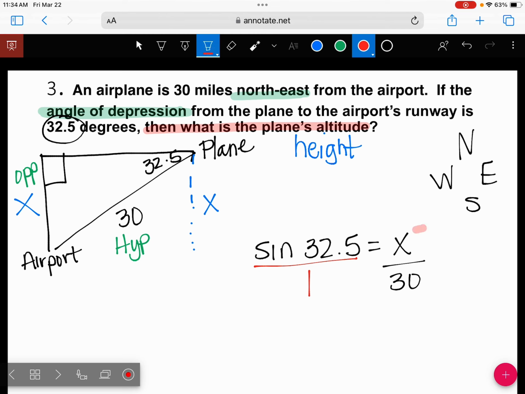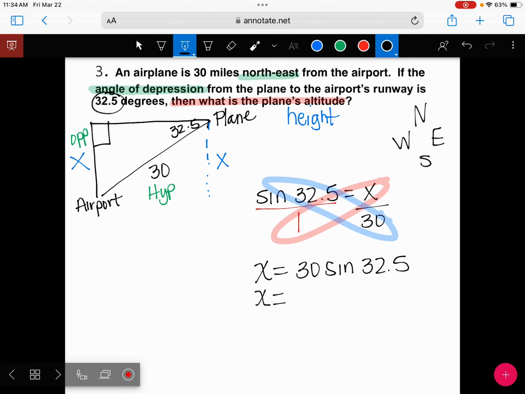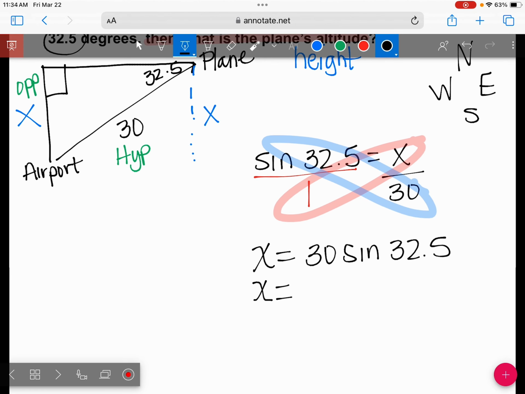All right, so when we cross multiply, I get 1 times x equals 30 times the sine of 32.5. Go ahead, type that in your calculator.